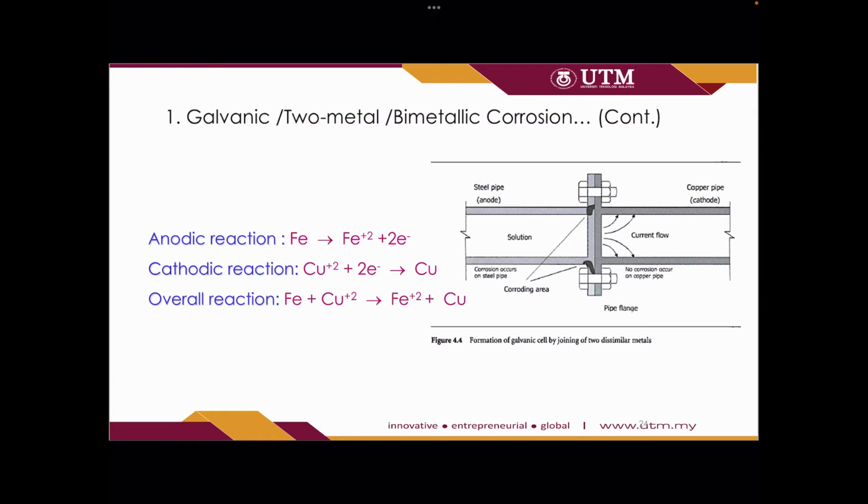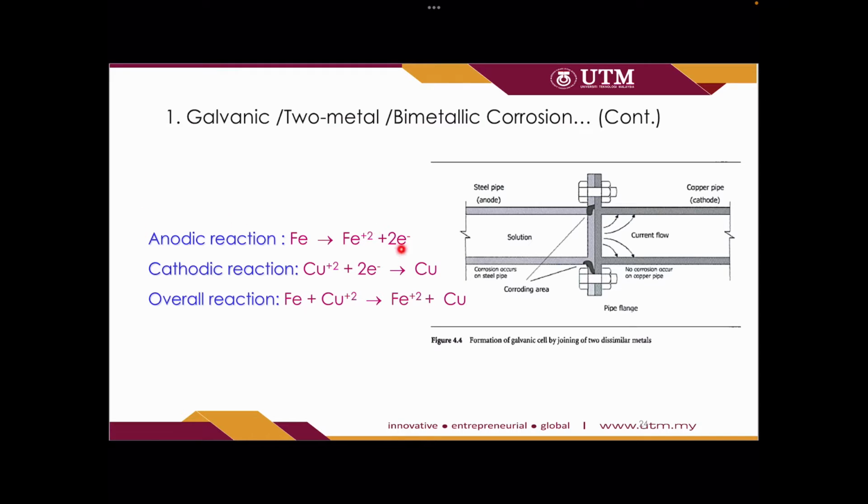So let's say you have a connection between a steel pipe and a copper pipe. There will be corrosion at the interface between these two connected pipes. Basically, when we have steel and copper, steel is the less noble or more active metal, so it will be oxidized.